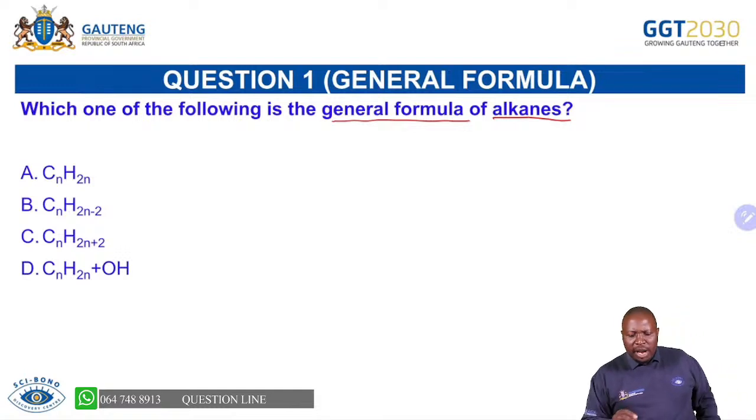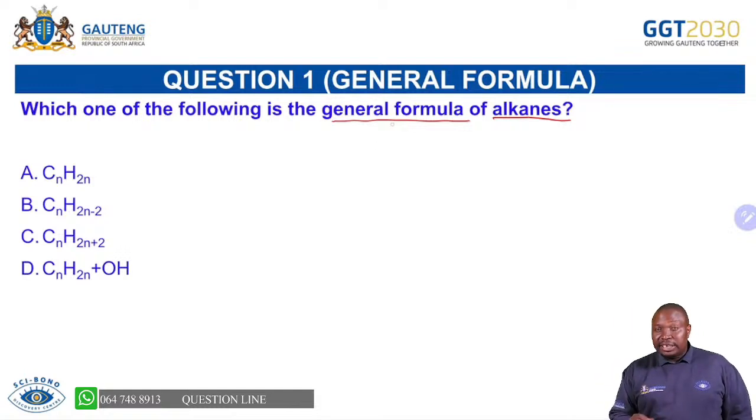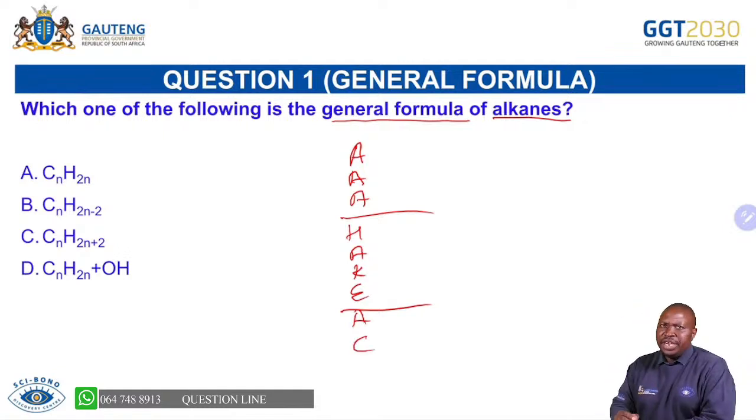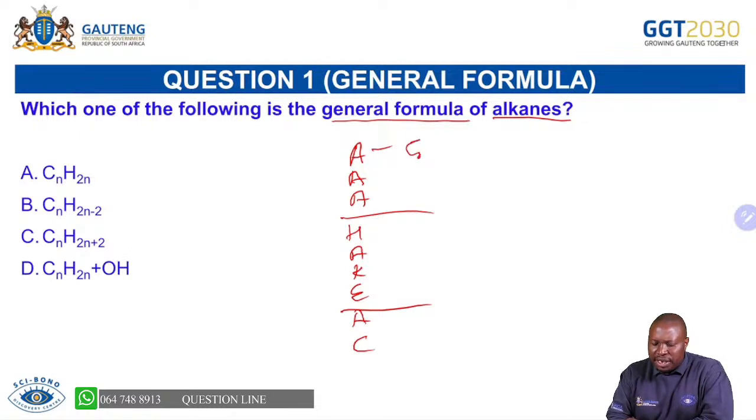Now, you will have an understanding of saying when I started here, I said we have 9 homologous series. So there are 9 of them. Now, if you check the first one, which is alkanes, they have a general formula of CnH2n+2.